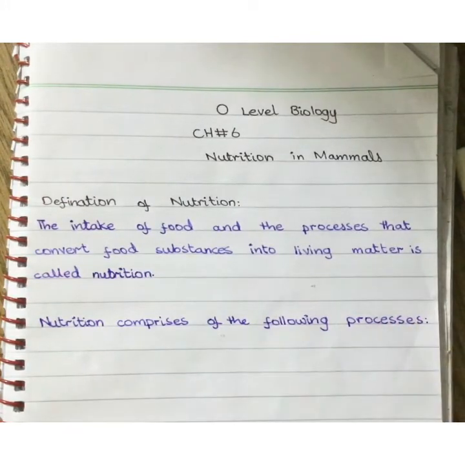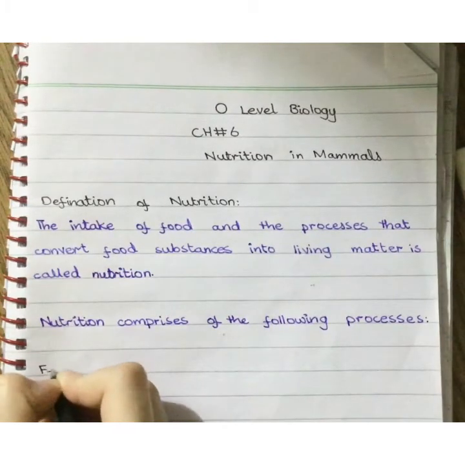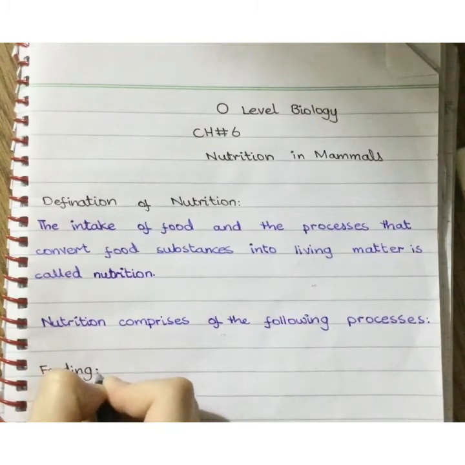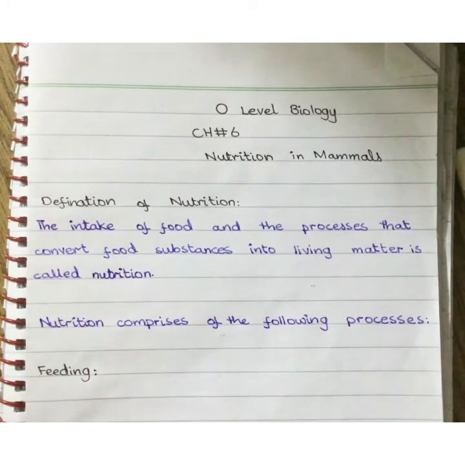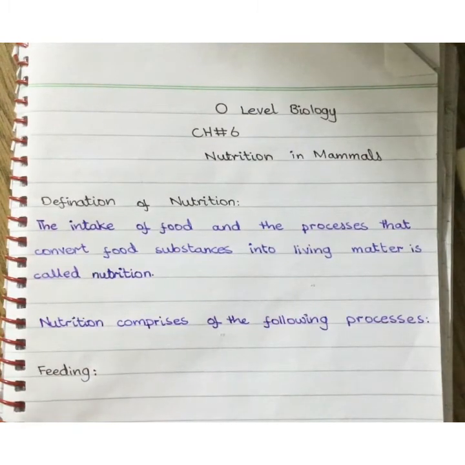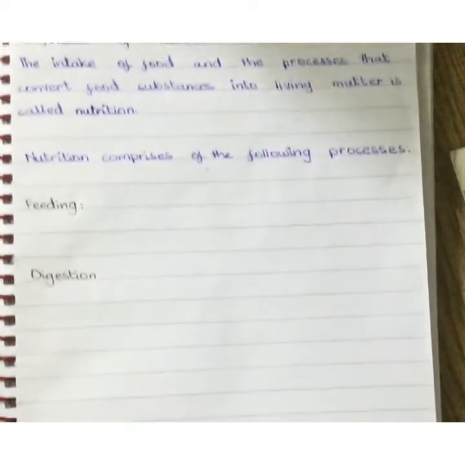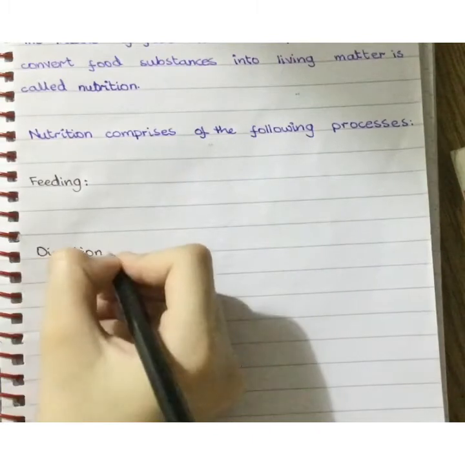The first process is feeding, just like we feed a baby. In our human body, how is feeding done? We feed ourselves through our mouth, which is quite clear. First of all, I'd just like to name all the processes. We're done with feeding, now digestion, I've written it.